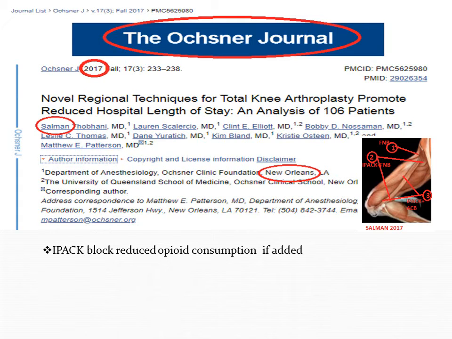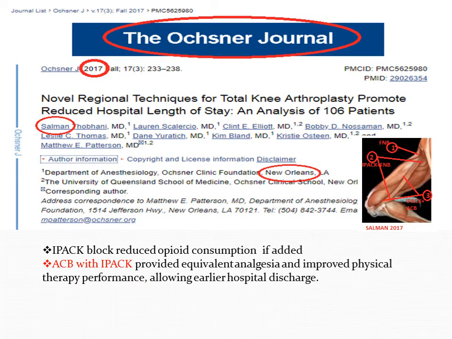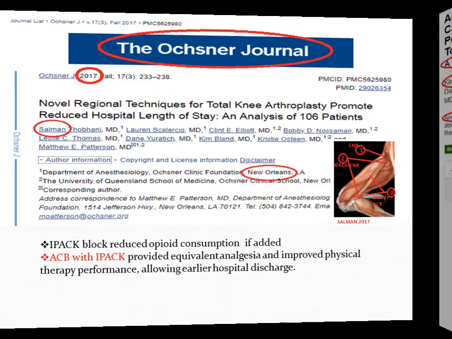What we got: IPACK block reduced opioid consumption if added, whether to the femoral nerve block or to the adductor canal block. Adductor canal block with IPACK block provided equivalent analgesia to the femoral nerve block with IPACK block. Physical therapy is easier, there is no motor block, and it allows earlier hospital discharge.